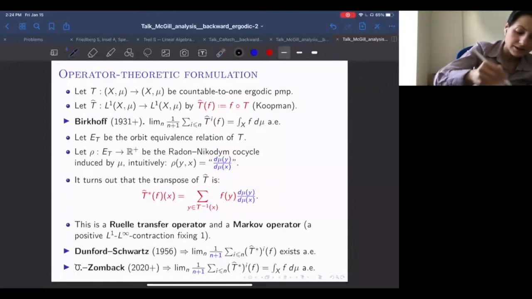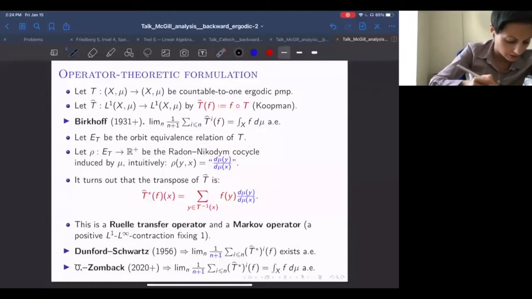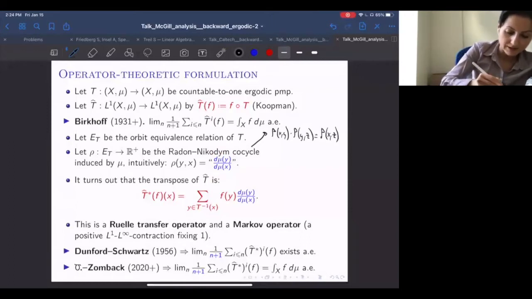And in fact, this rho is a cocycle. Cocycle means that if you have rho xy times rho yz, this should be equal to rho xz, which this notation makes trivial. Basically the denominator and numerator cancel.